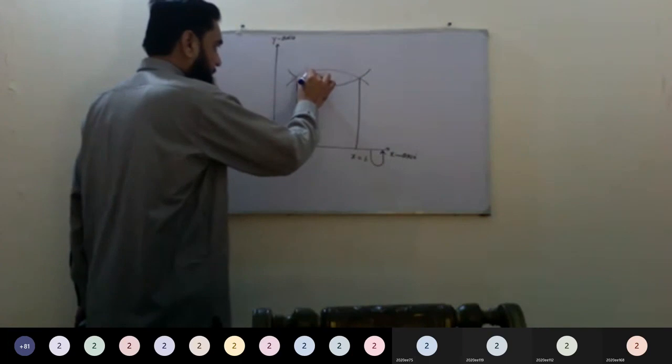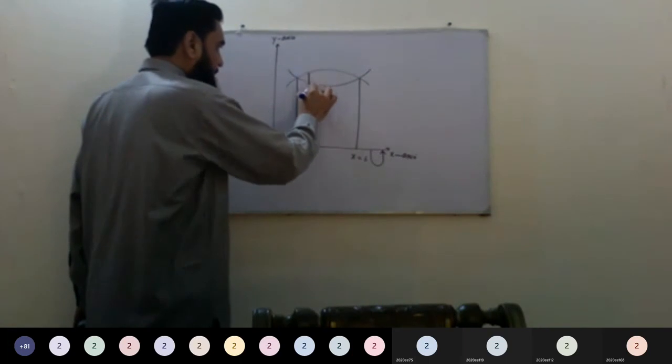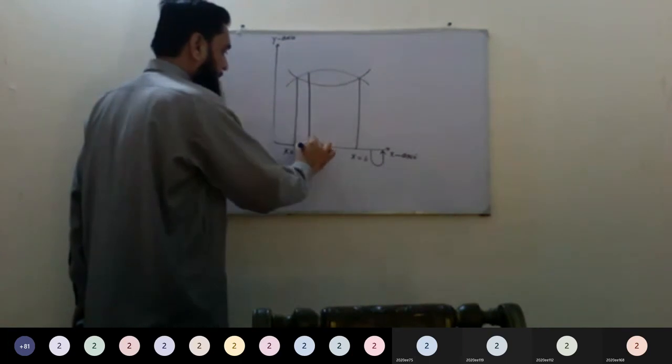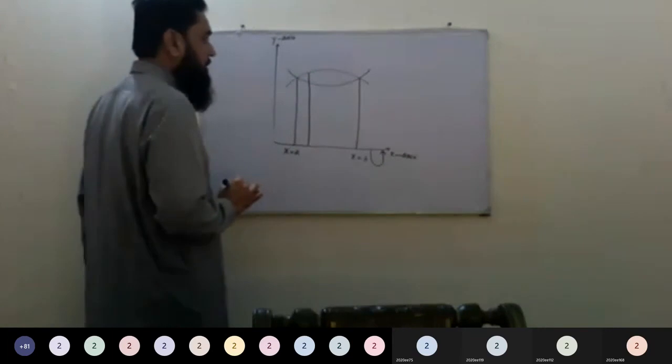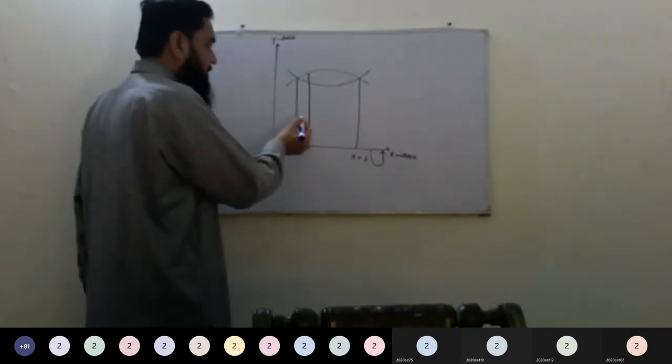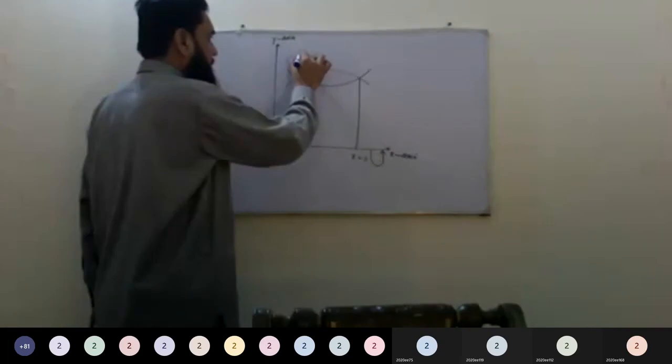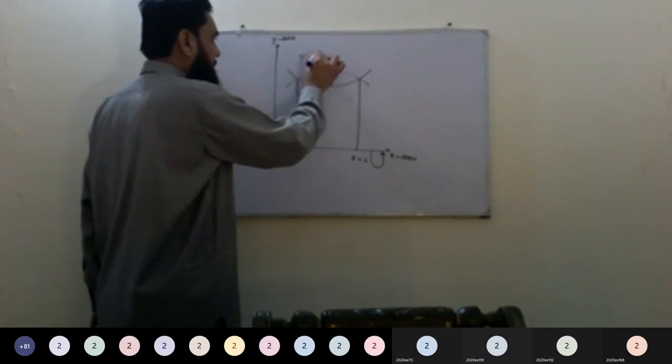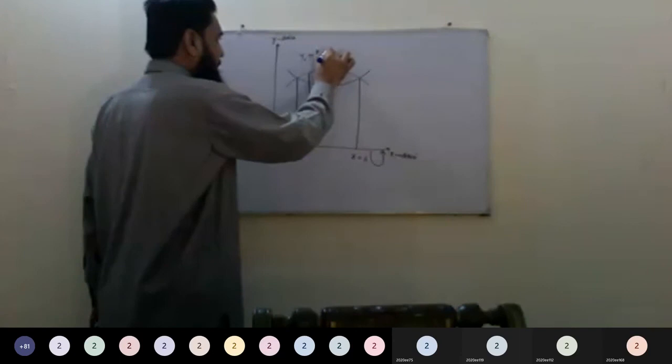So what will happen? There will be finitely many vertical strips corresponding to the outer curve. For example, the outer curve is y1 is equal to f1 of x.